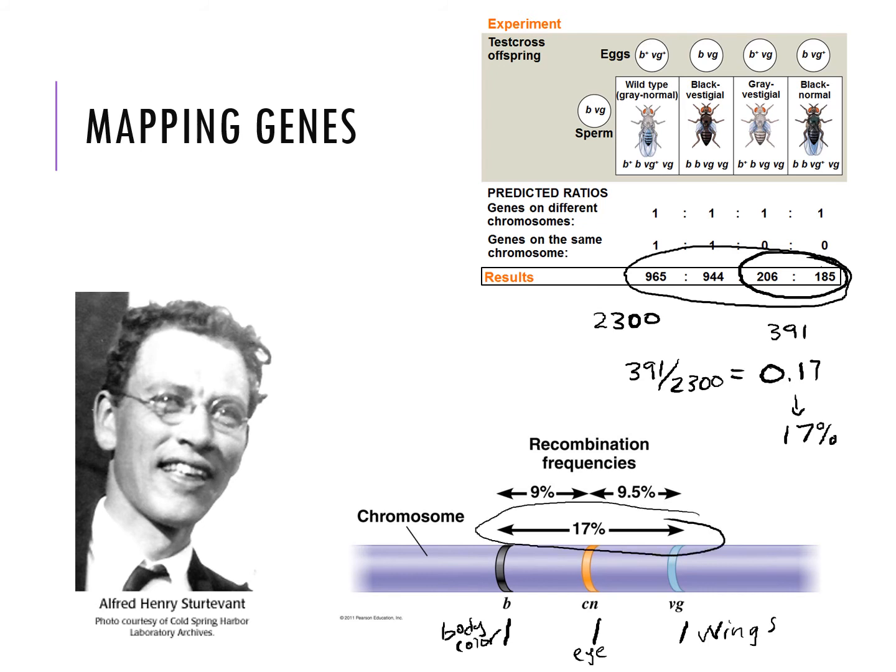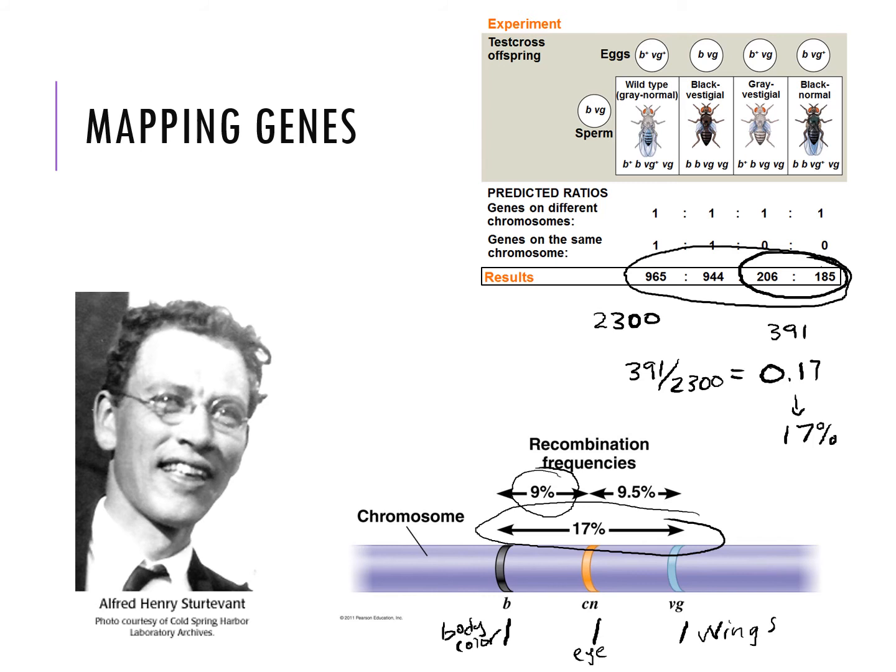Okay, 17%. So they did a bunch of other experiments that were following body color and cinnabar eyes. And they found that in 9% of that F2 generation, there was crossing over between them.